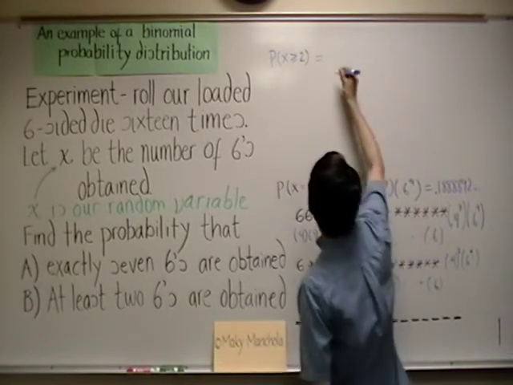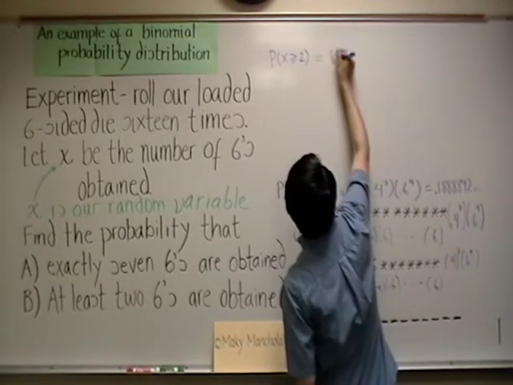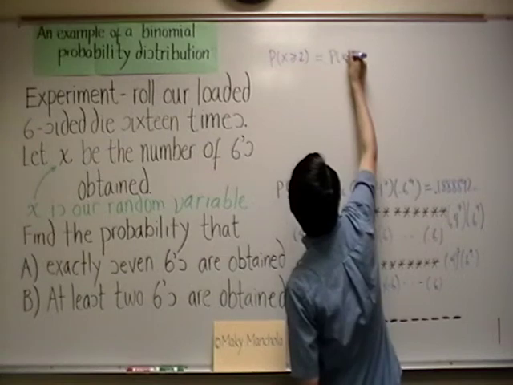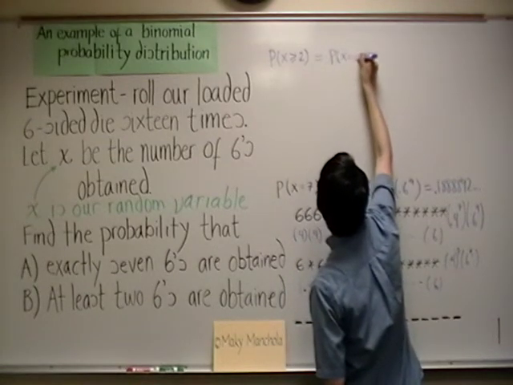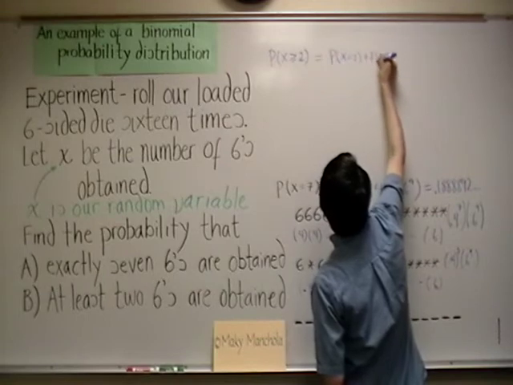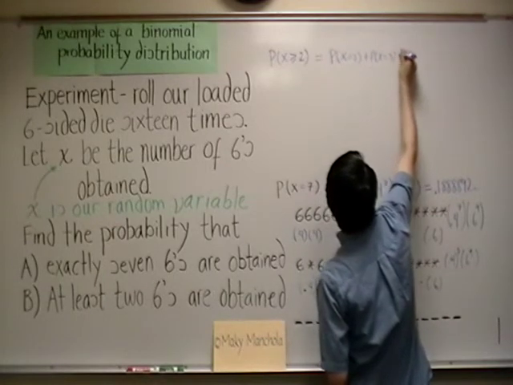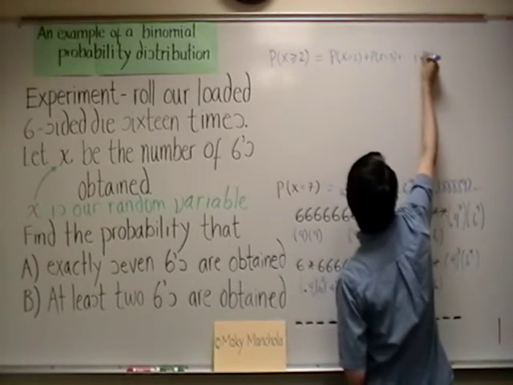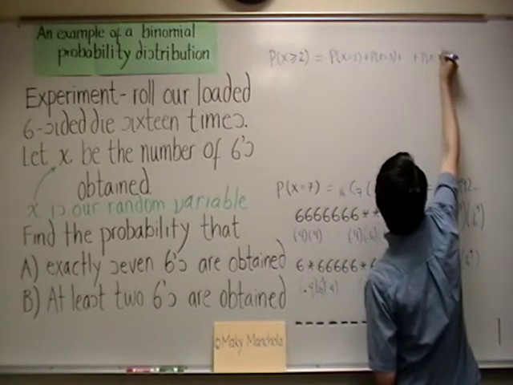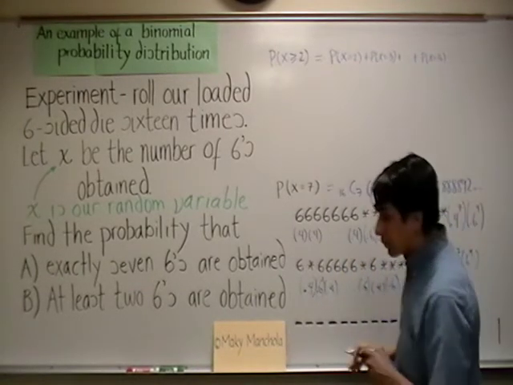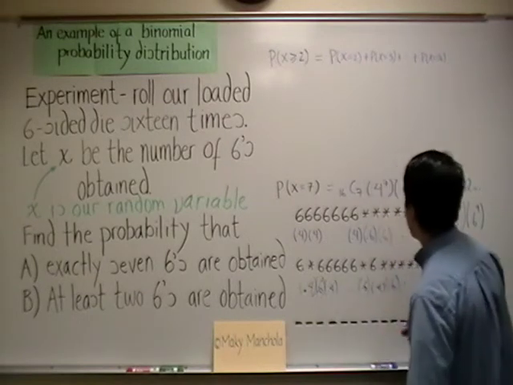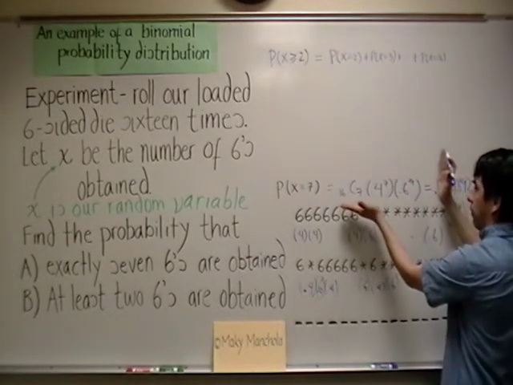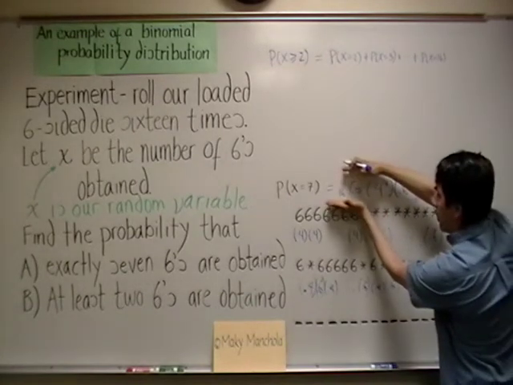So we, in theory, could say that the probability that x is greater than or equal to 2 will be the same as the probability that x equals 2, plus the probability that x equals 3, plus all the way up until the probability that x equals 16. Now, when you calculate the individual probabilities, you run into scenarios similar to this right here.